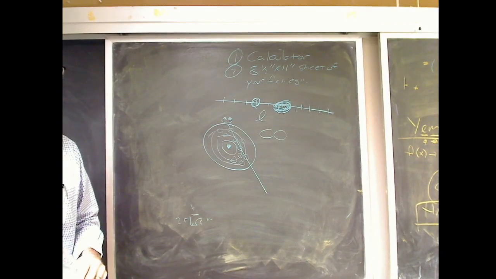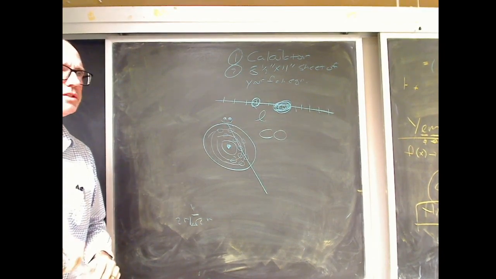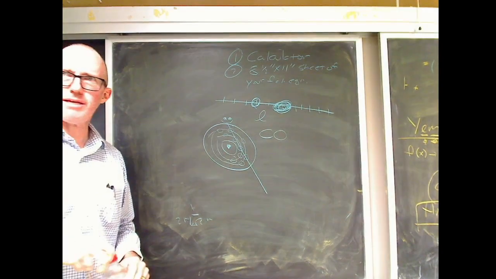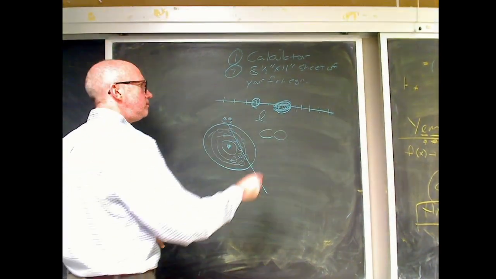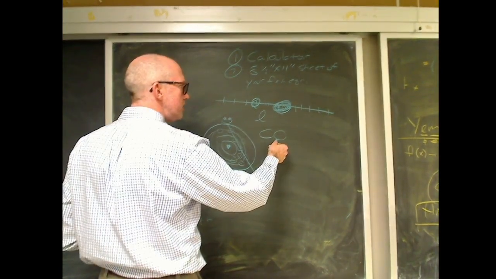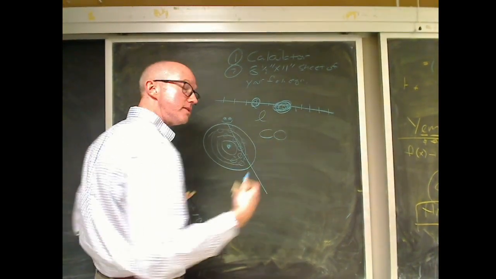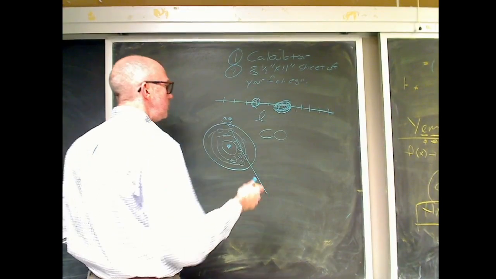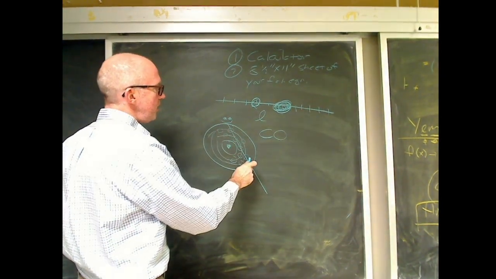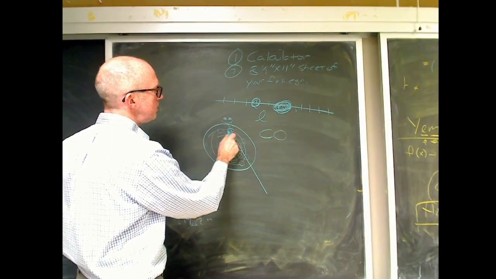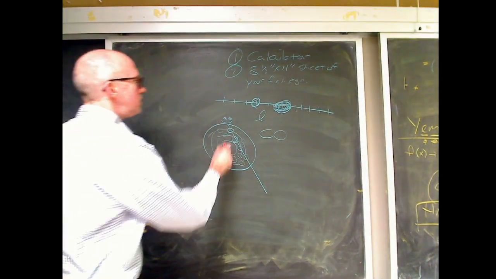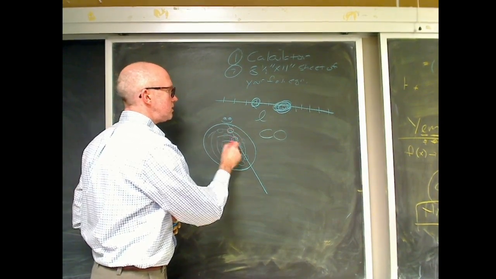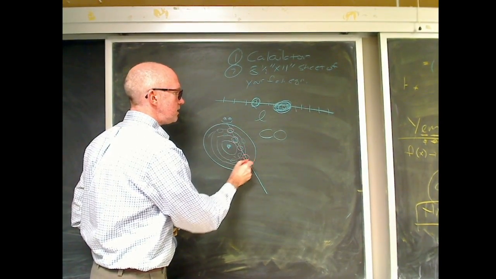I think water is the third, maybe it's like 10th, but it's very high up there. Carbon monoxide is nice because you can see it in the radio. So when I point my telescope out along this line of sight, I pick up a bunch of clouds. There's this cloud, this cloud, this cloud, and this cloud.